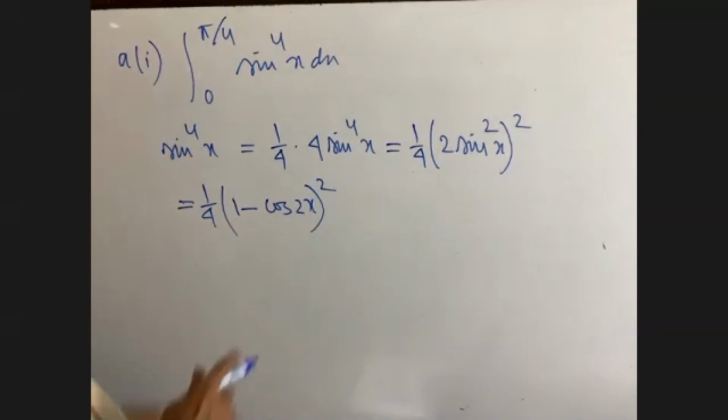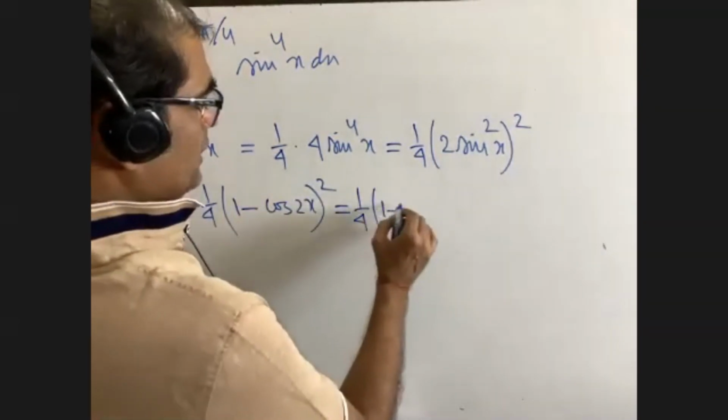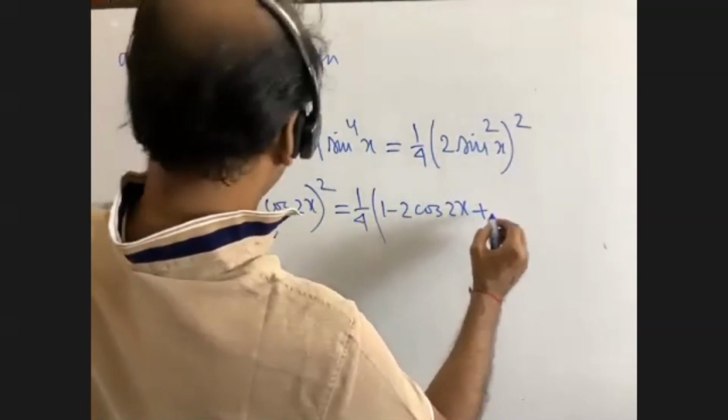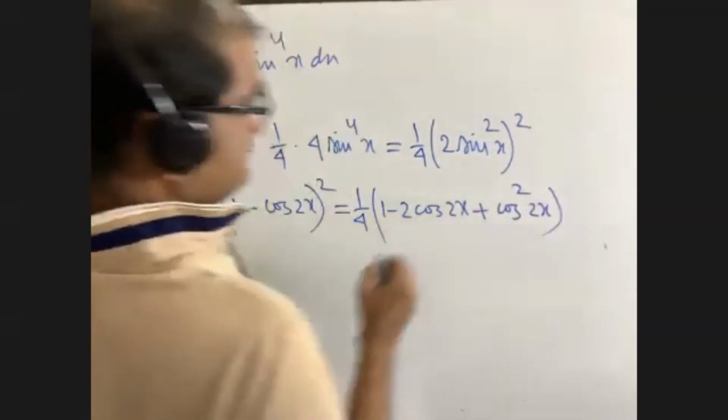Yes, sir. Now we can write it as 1 by 4 into 1 minus 2 cosine 2x plus cosine square 2x.